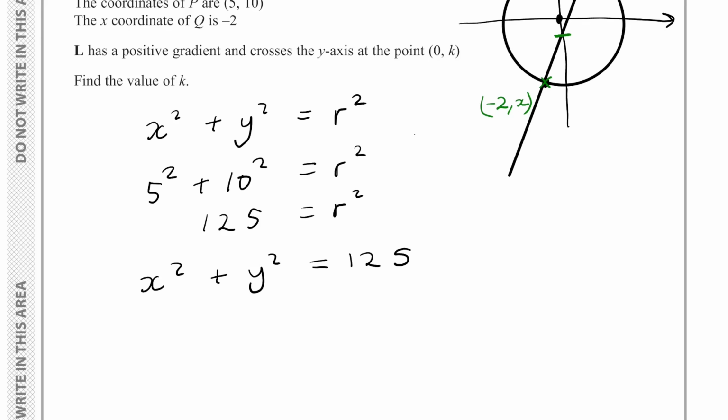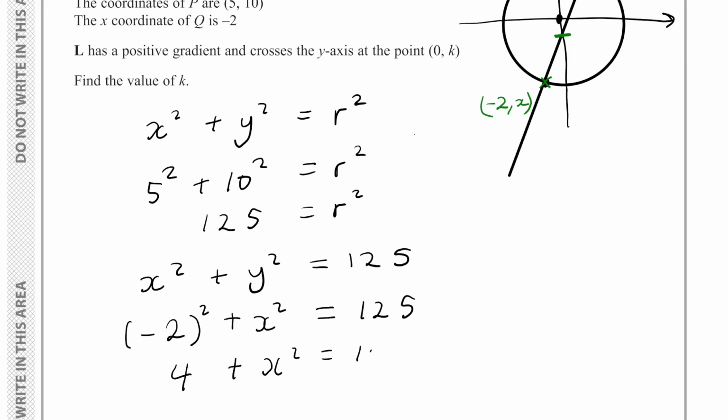Now we can find out what this y is down here. -2 squared plus something squared, maybe I shouldn't have used x, is 125. -2 squared is 4. Take away 4 from both sides.